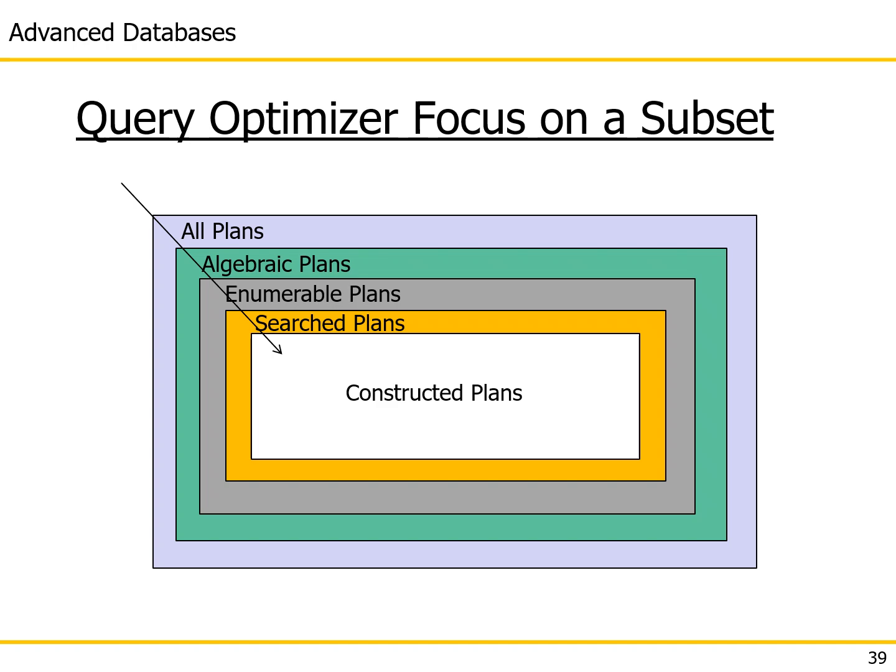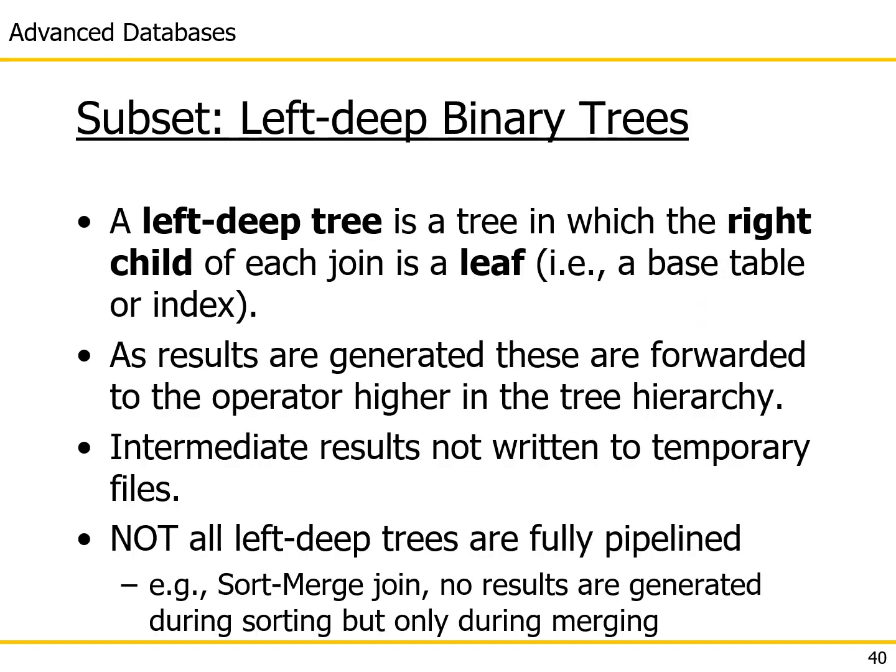So what's this story of left deep binary trees? A left deep binary tree is a tree in which the right child of each join is a leaf. So it's skewed to the side. Why are we doing it this way? Because since this is a leaf, it is going to be a relation. At the end, these trees are fed the relations from the bottom.